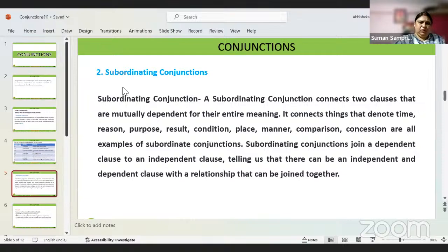So now let us talk about the subordinating conjunction. What is a subordinating conjunction? A subordinating conjunction connects two clauses that are mutually dependent for their entire meaning. It means you cannot write one part of the sentence without using the other part.